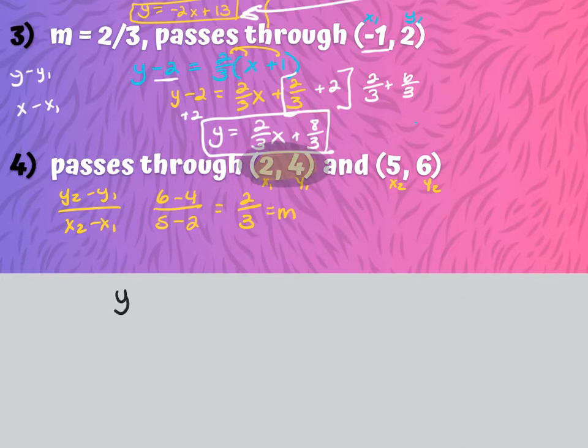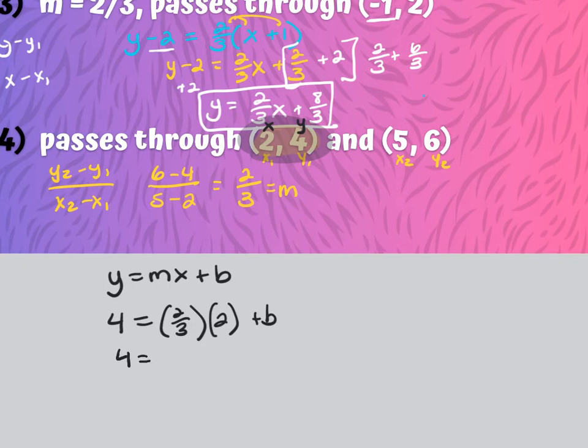And I would say y equals mx plus b, so I'm going to do that second option this time. This is my x, this is my y, that's my m. So 4 equals 2/3 times 2 plus b. So I'd get 4 equals 4/3 plus b.